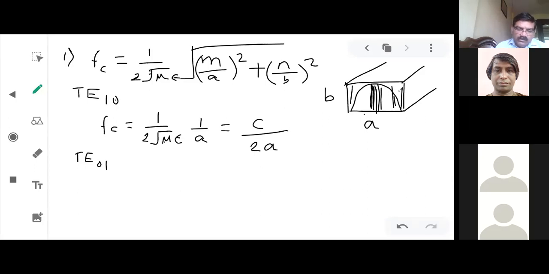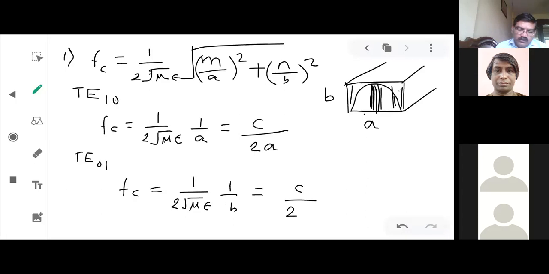For TE01, if I go to the formula, m is 0, so it becomes 1 by 2 root of mu epsilon, divided by b, that is c by 2b. Now A is larger than b.